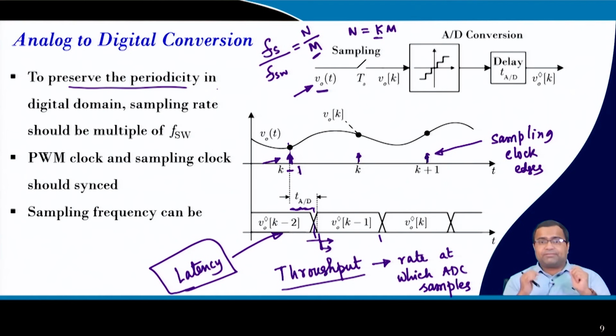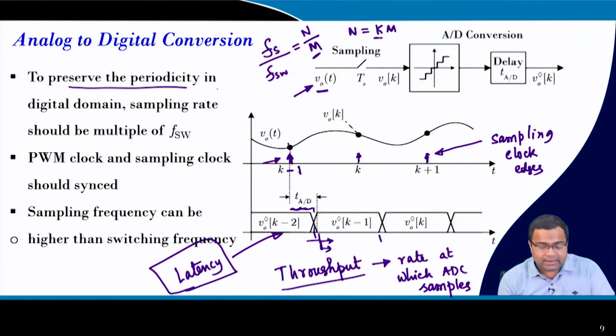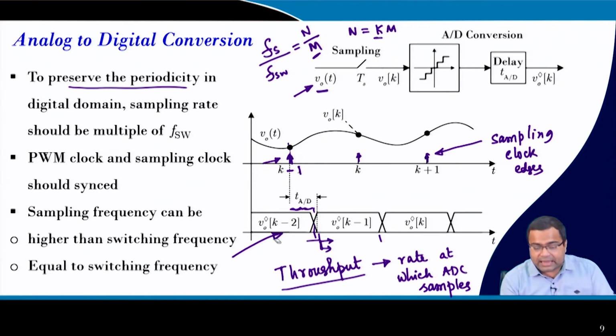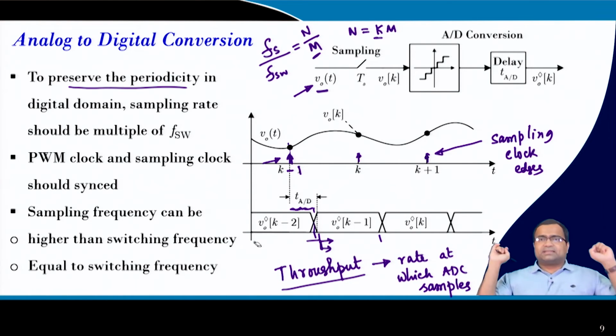And third, the sampling frequency can be an integral multiple of the switching frequency, higher, but we should not generally take a lower sampling rate. In fact, that may be possible if the converter is running perfectly under steady state.